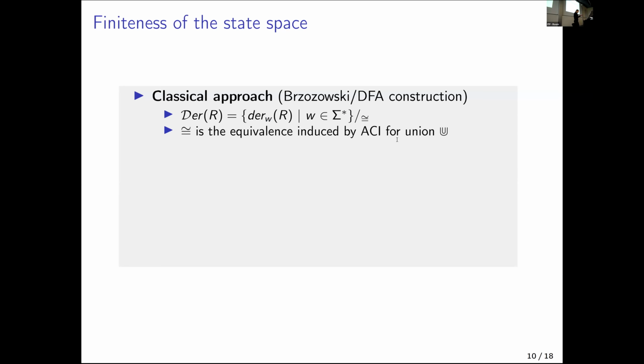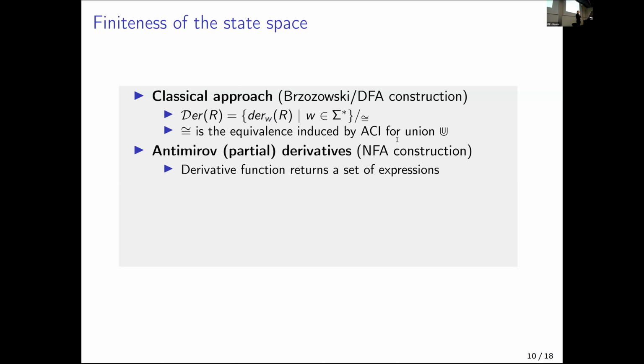So I mentioned briefly the Brzozowski approach, and there exists another variant of the derivative definition, Antimirov derivatives. Brzozowski derivatives correspond to a deterministic automaton construction. Antimirov derivatives correspond to a non-deterministic variant. So the derivative function now returns a set of expressions, introducing non-determinism in this way.